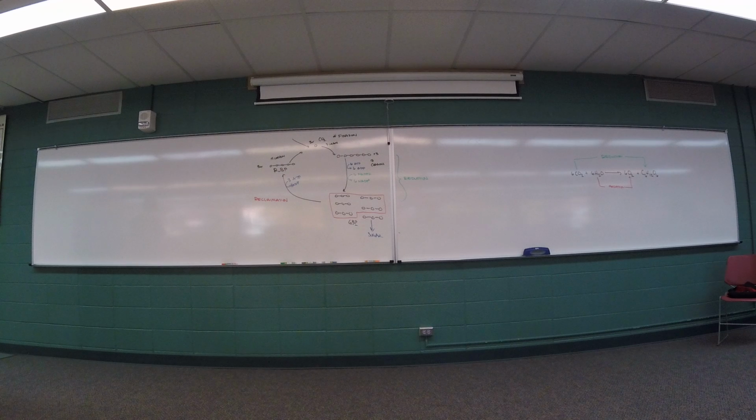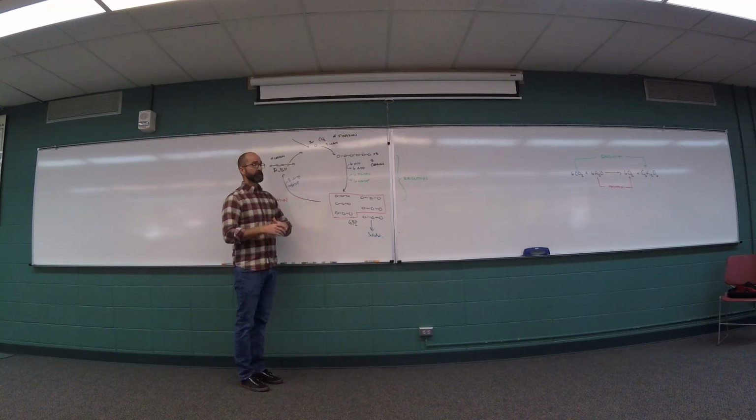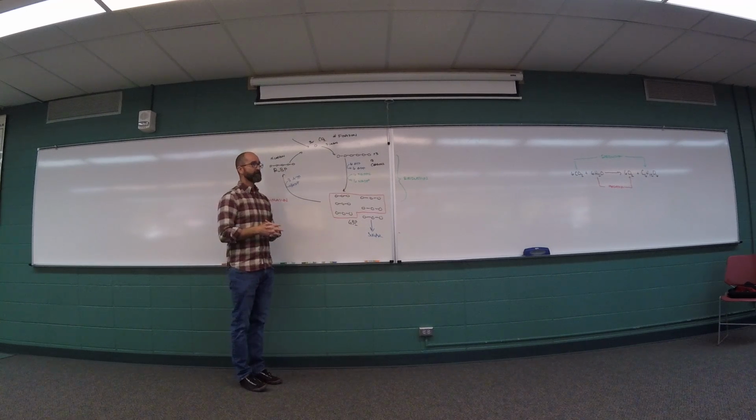Right, if we consider each turn of the Calvin cycle to have 3 carbon dioxides associated with it. Really, the Calvin cycle uses 1 carbon dioxide. I used 3 just for the sake of simplicity, right?